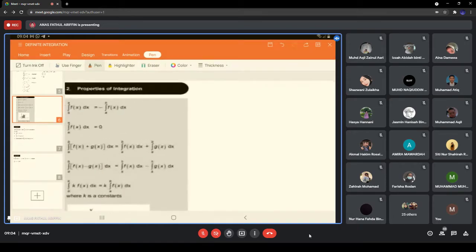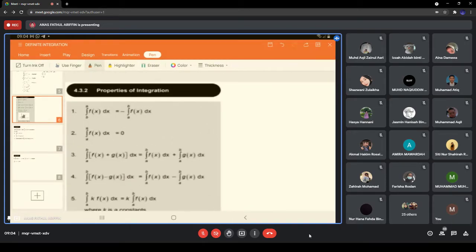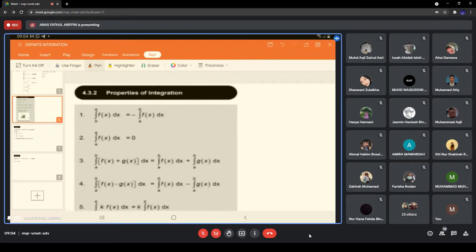The first property states that if we have the integration for the limit b to a for this function fx, this will be equivalent to negative, but the limit we change sides. The upper limit now becomes the lower limit and the lower limit becomes the upper limit.